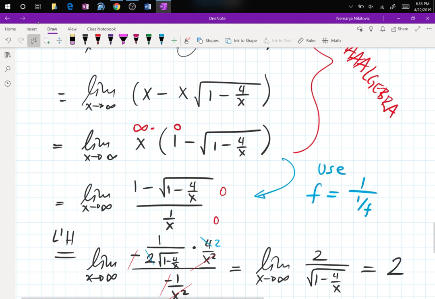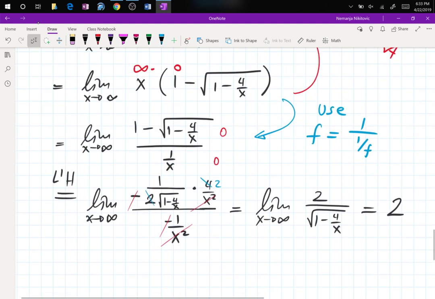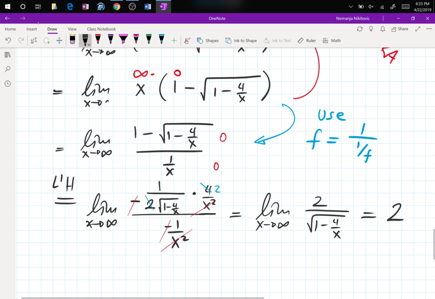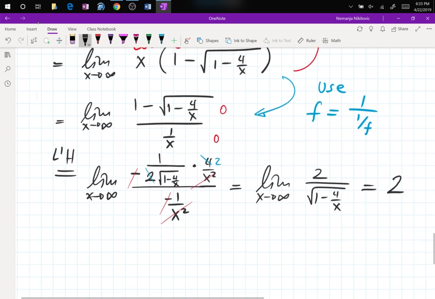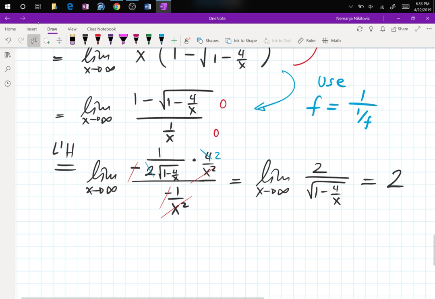Depends on the spice level of the problem. And then, is this hard? No. Is it annoying? Yes. Those are two different concepts. This is highly annoying because there's a lot of calculations.